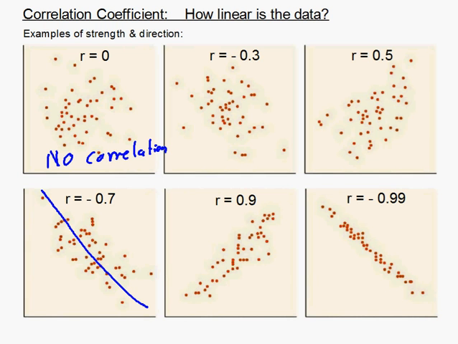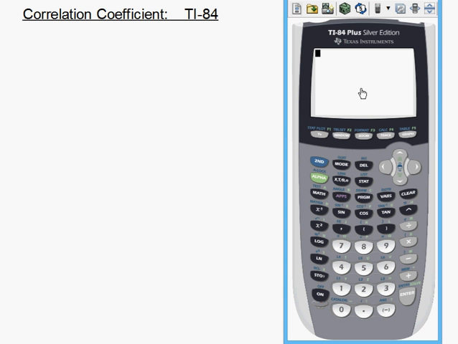Let's look at how to do this on the TI-84 calculator. Here's our calculator. Let's just check that I plugged in our data. Yes, it's there. So I want to show you where to find R, the correlation coefficient. And I'm going to do this twice. The first time it's not going to work because I need to show you what you have to turn on.